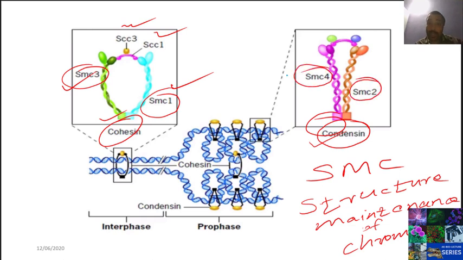You can see other proteins here functioning as linker or linker domain. For easy remembering of the numbers, cohesin is composed of proteins with odd numbers 1 and 3, and condensin with even numbers 2 and 4.